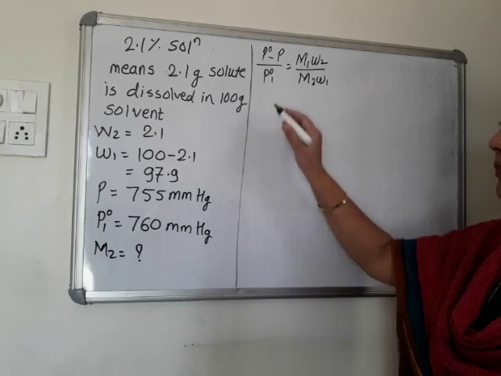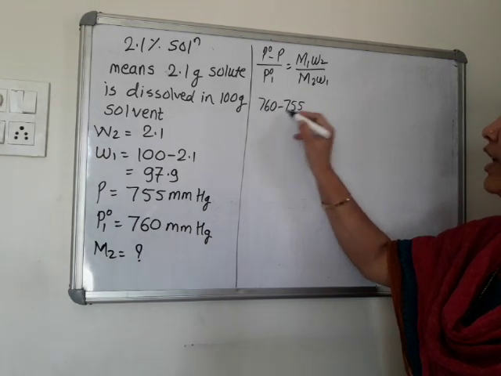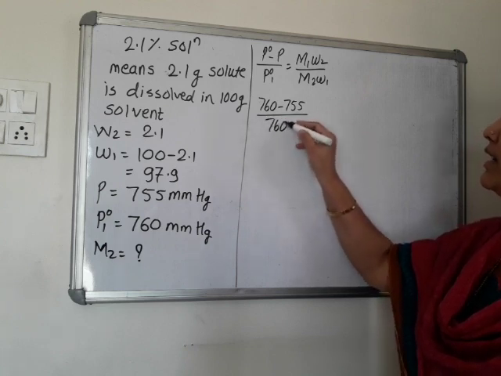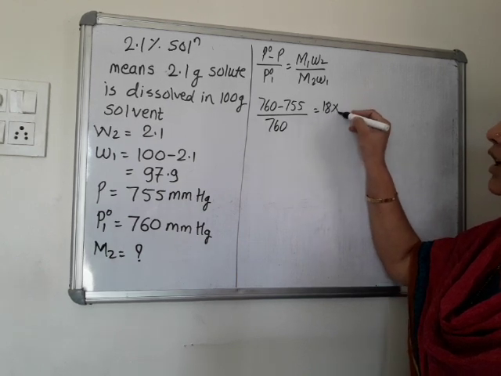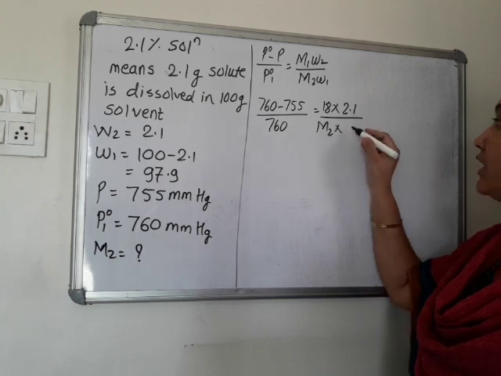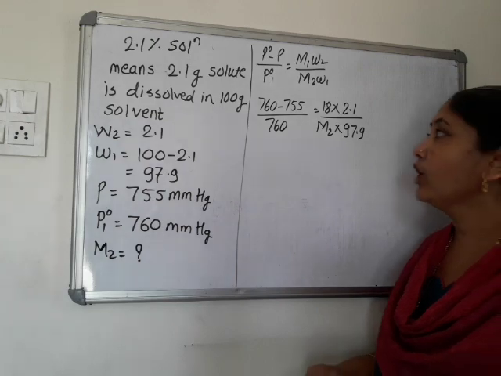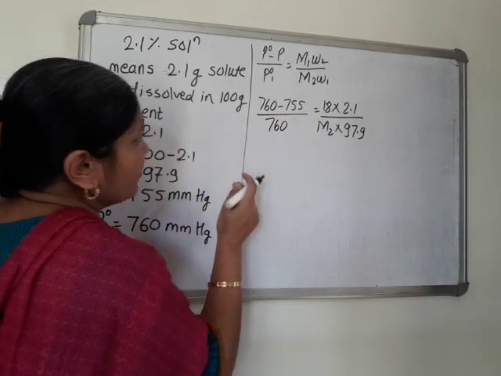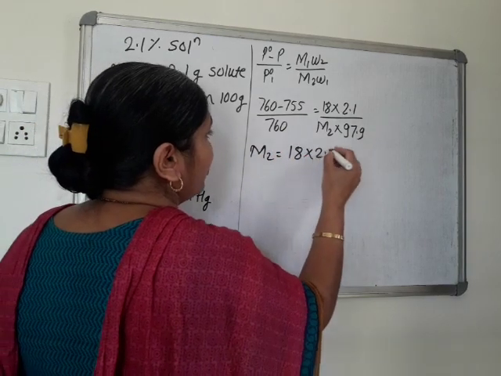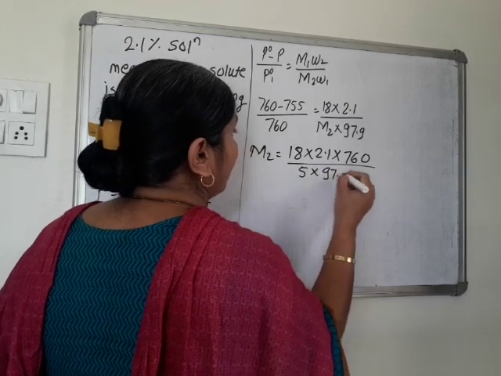P01 is 760, so 760 minus 755 upon 760 is equal to M1 is 18, W2 is 2.1, M2 we have to find, and W1 is 97.9. Okay, so this subtraction is 5. Rearrange this in terms of M2. We can write it as 18 into 2.1 into 760 upon 5 into 97.9.